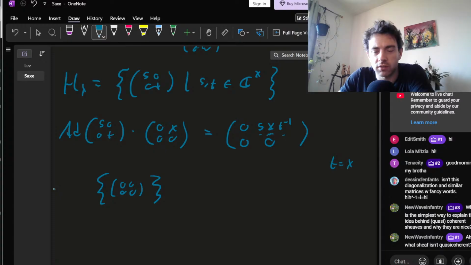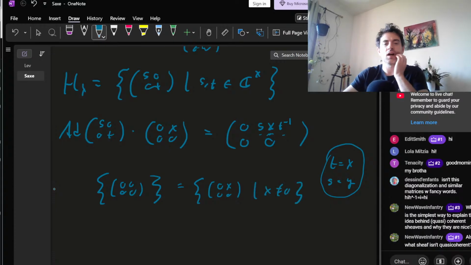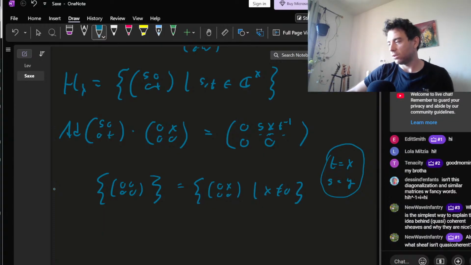So you could say take t to be x, and s to any other non-zero complex number. And then we see that this pair of s and t would send x to y. And so the orbit is just all of the non-zero stuff, which exactly lined up with our other way of doing this computation.